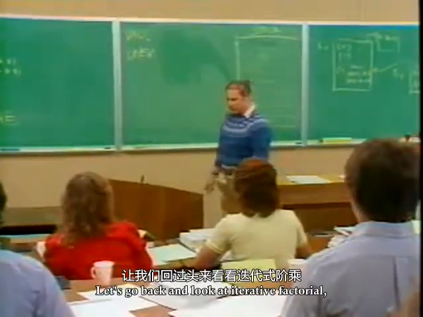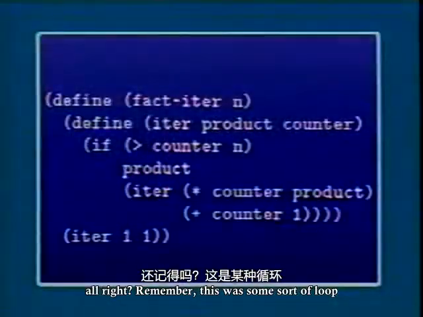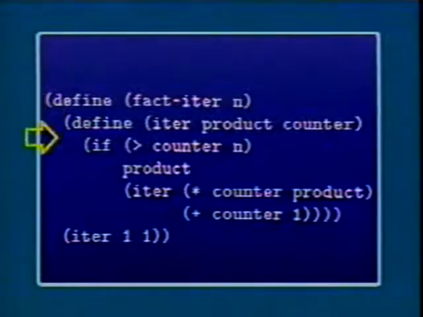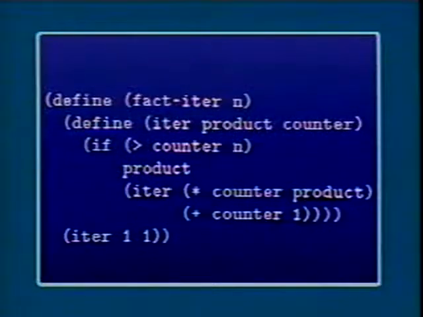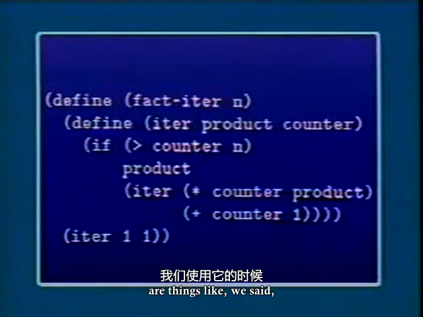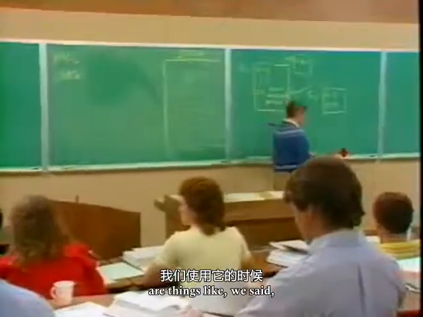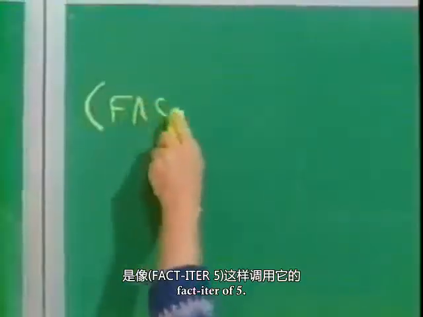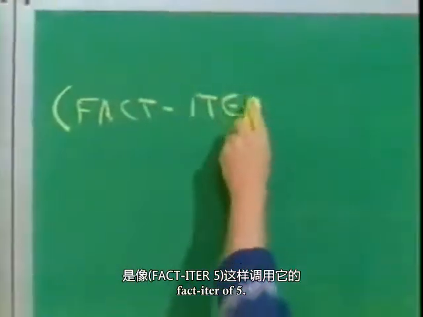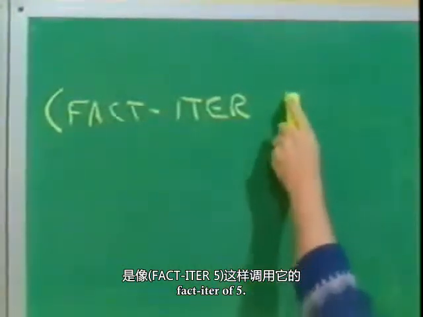Let's go back and look at iterative factorial. Right? Remember, this was some sort of loop and do an iter, and we kept saying that's an iterative procedure. Right? And what we wrote, remember, are things like, we said, fact iter of 5.